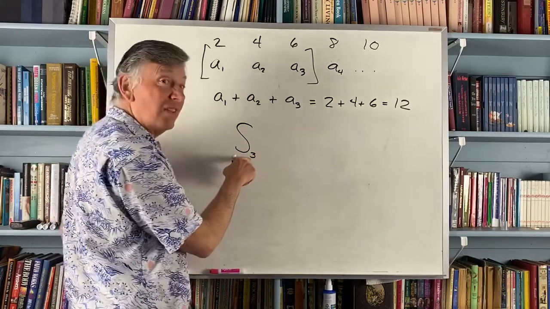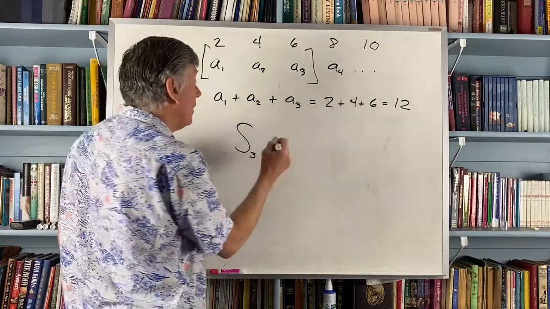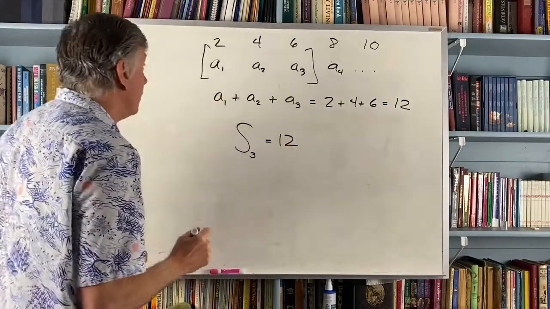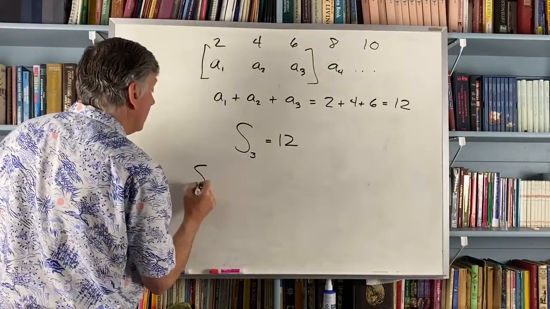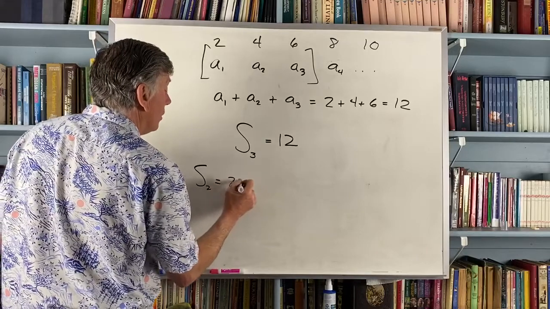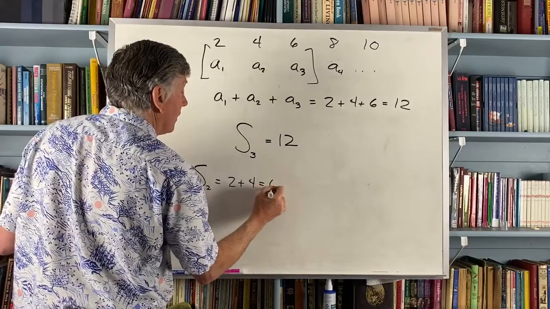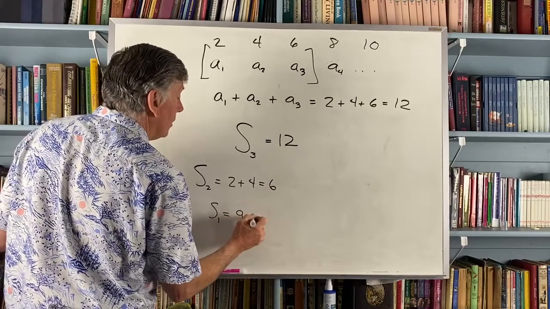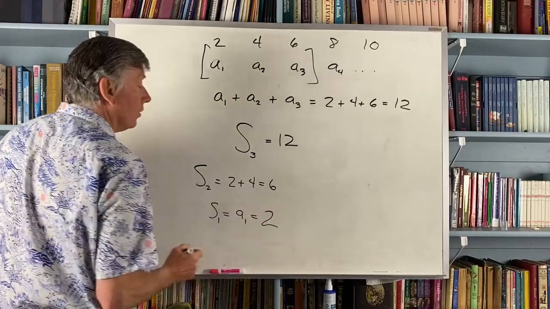I'm talking about taking my first three terms, and I'd say that it is equal to 12. So S2 in this case is simply 2 plus 4, which is 6. S1 is always your first term, which in this case is 2.